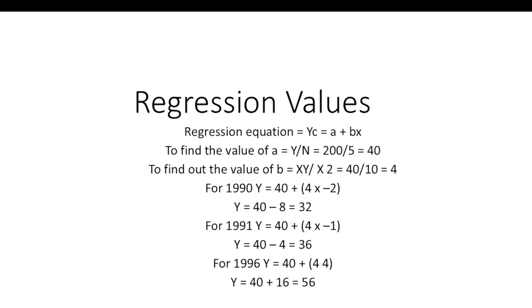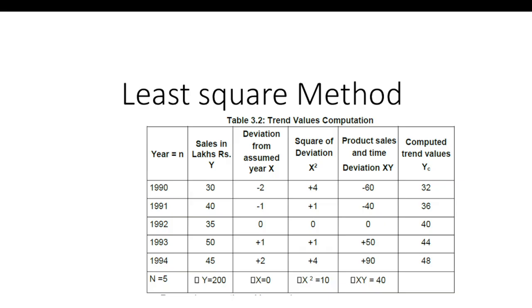Suppose you want to see the forecasted sale for the year 1996. In this table we have only given up to 94, but for 1996 how do we calculate the x value? 1994 is equal to 2, 1995 is 3, and 1996 is equal to 4.